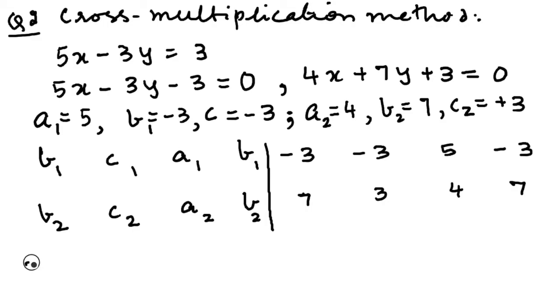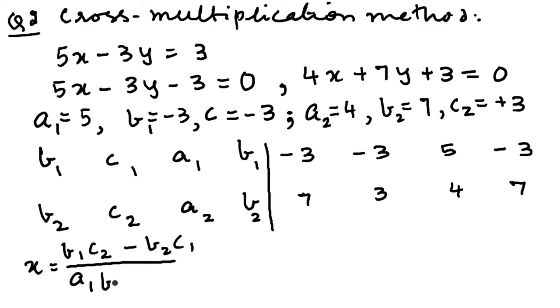And the value of our x is going to be b1c2 minus b2c1 upon a1b2 minus a2b1. And our y value is going to be not with b and c but c and a.